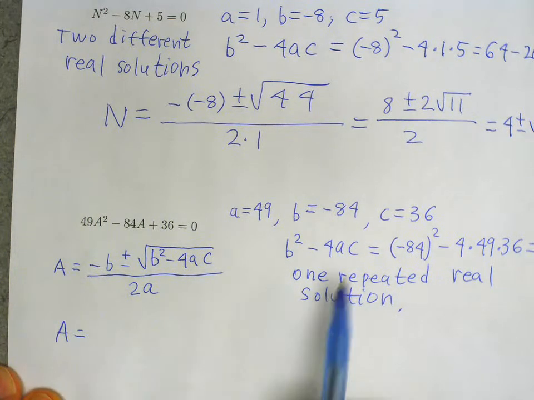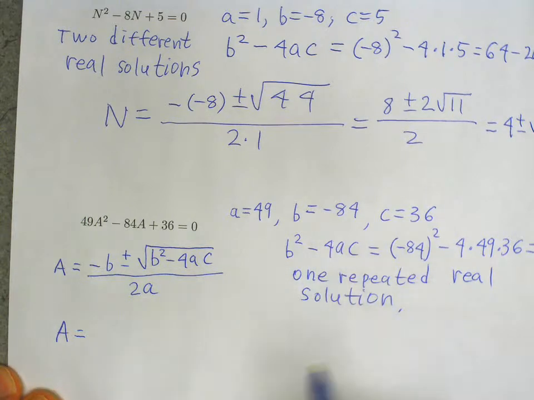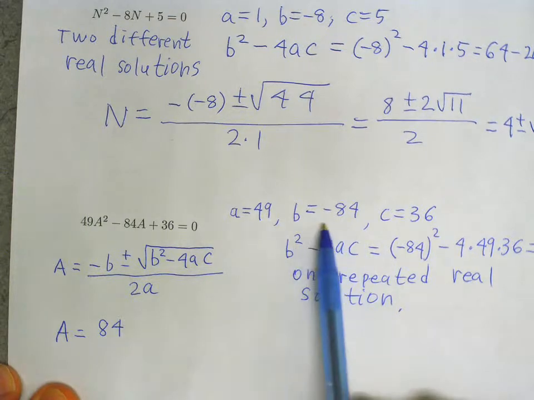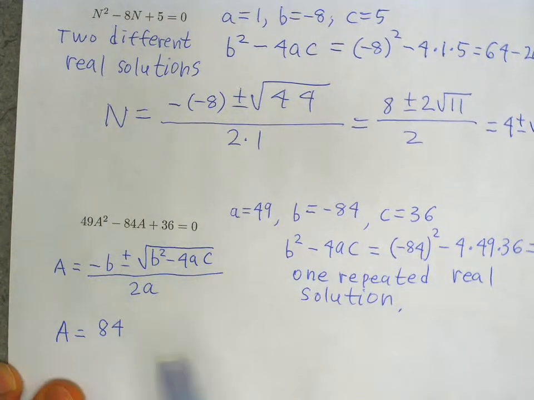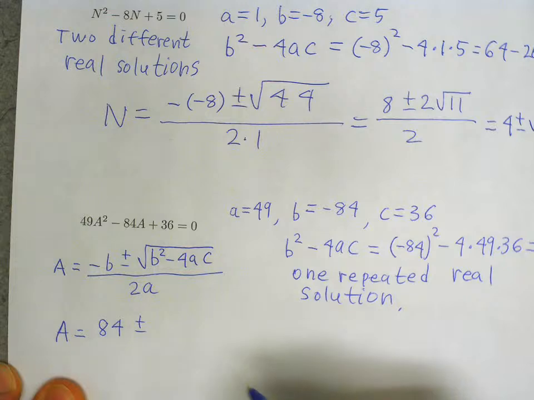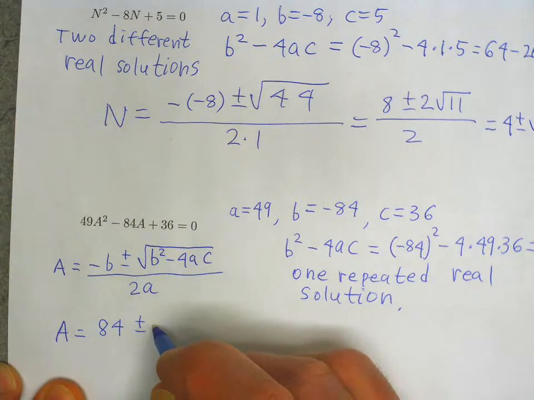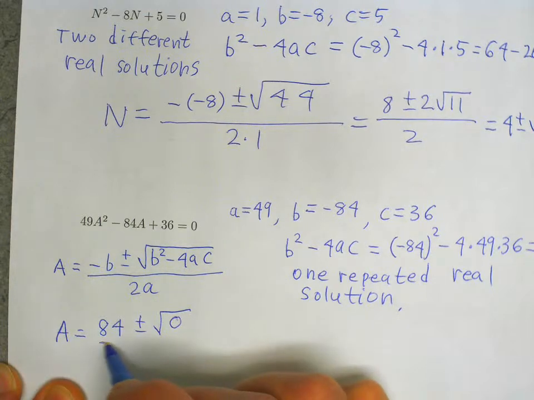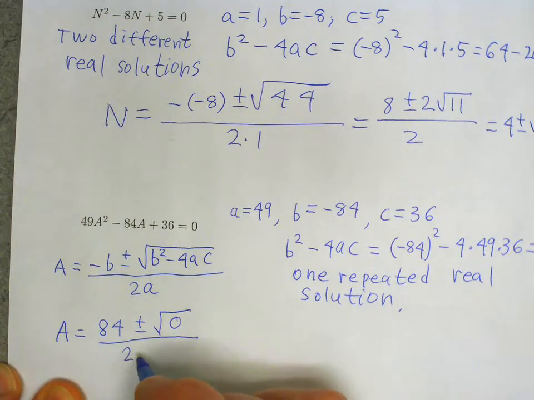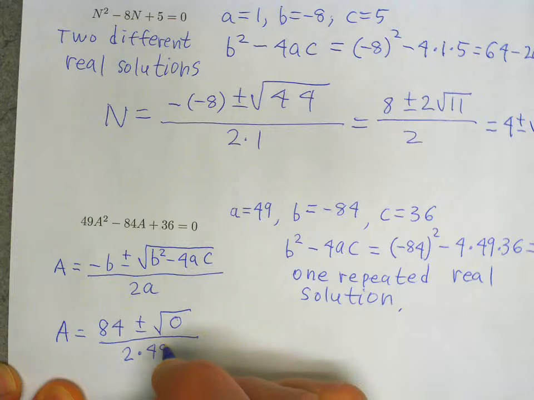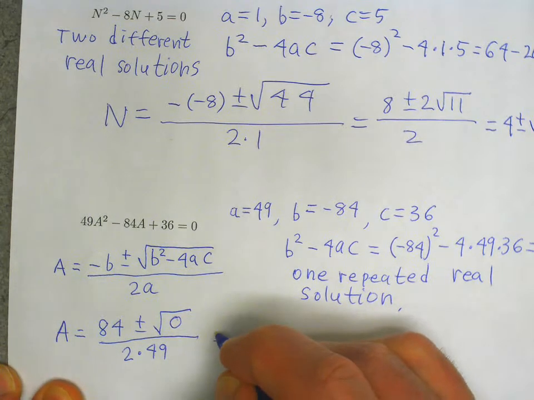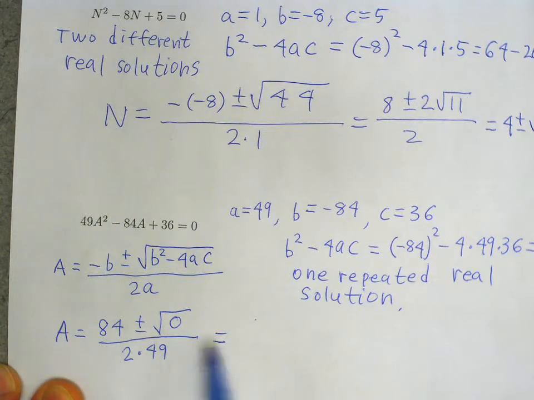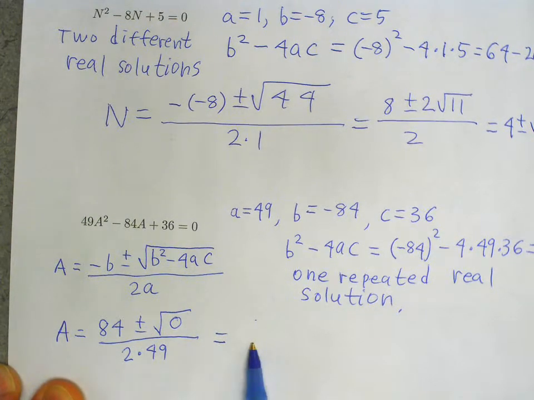So the negative of negative 84 is positive 84, plus and minus the square root of the discriminant, which is 0, all divided by 2 times 49. So this is plus and minus the square root of 0. Well, we just get one solution, as we already know.